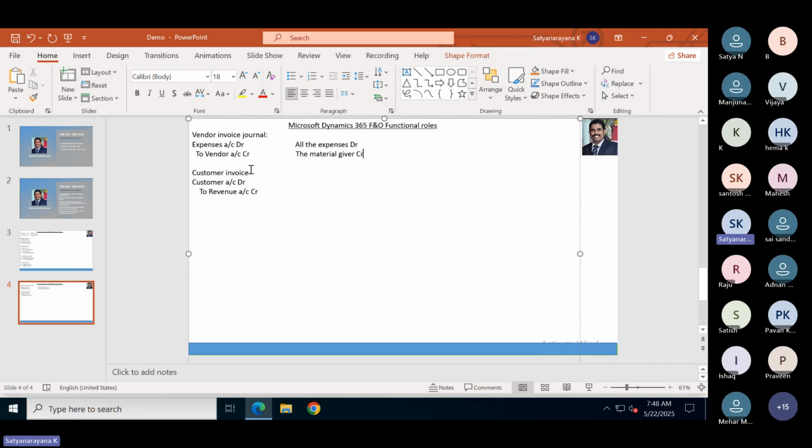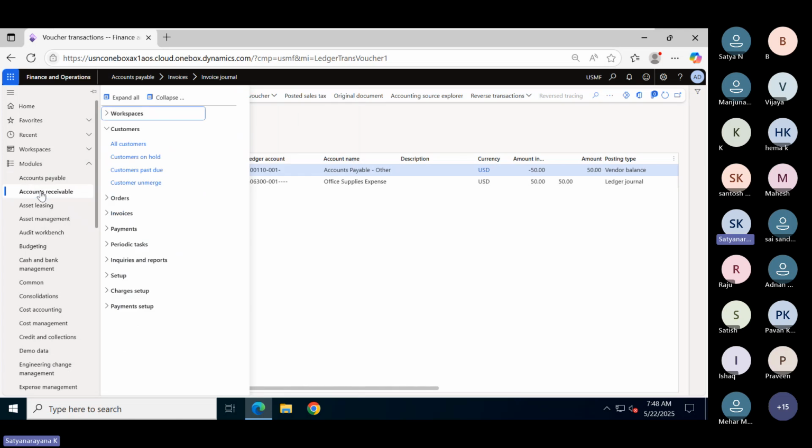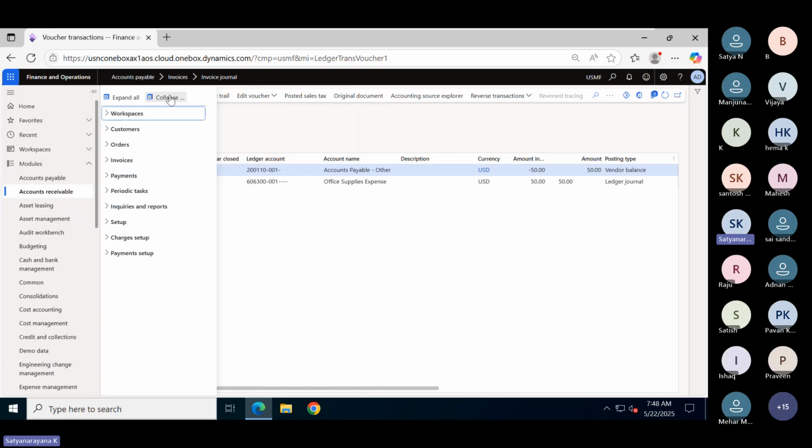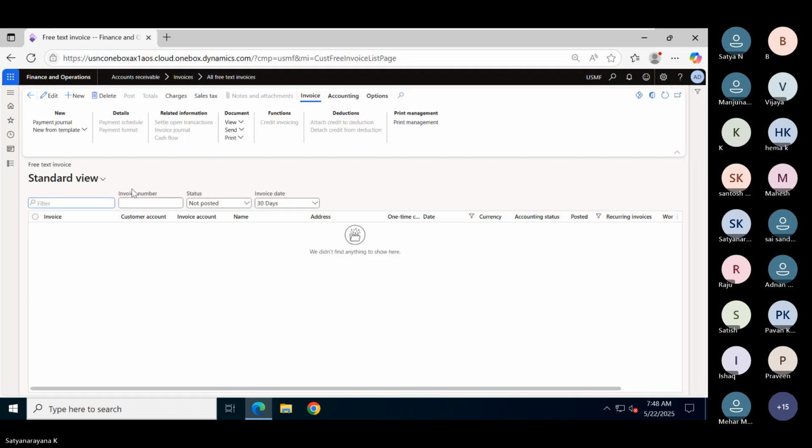Okay. Now customer account debit to revenue account credit. Let us understand the second one. Accounts receivable module, collapse all. Invoices, free text invoice. Click the new button.